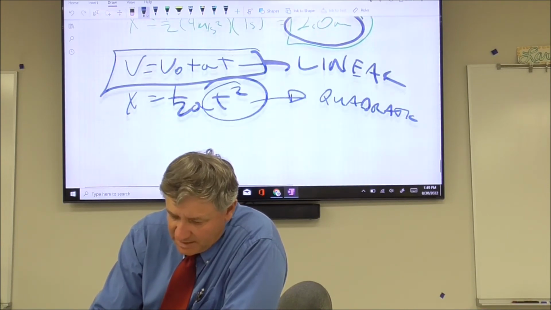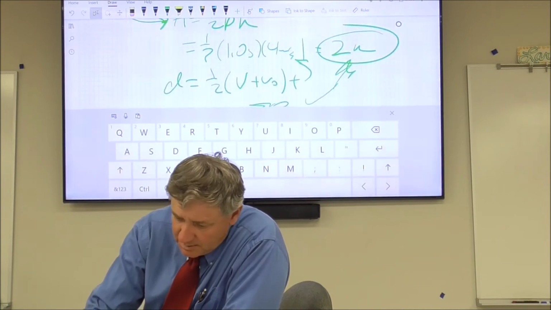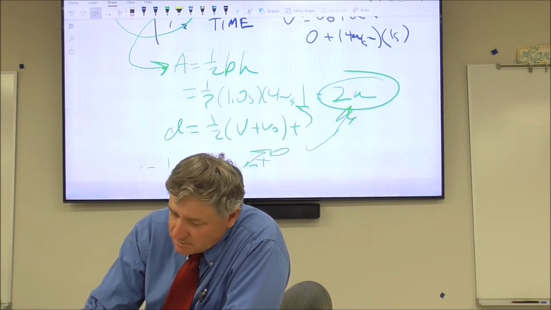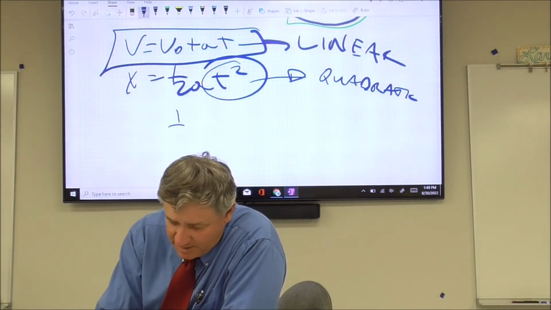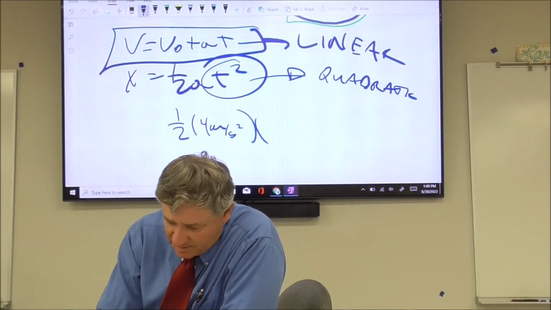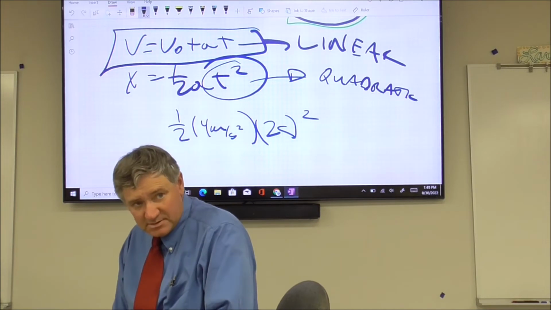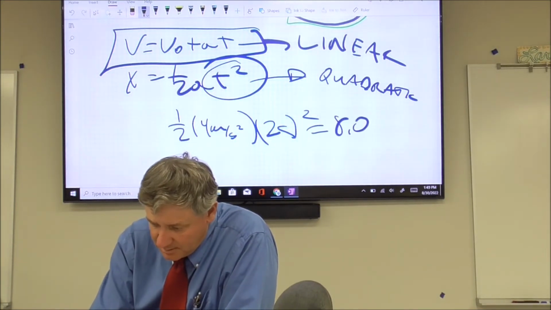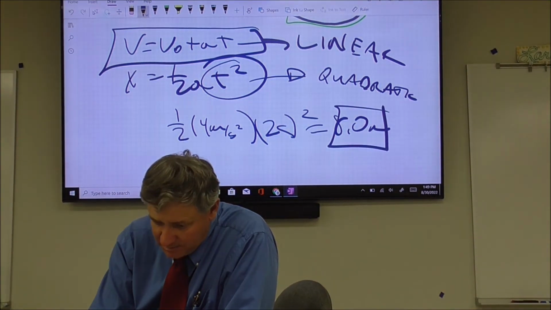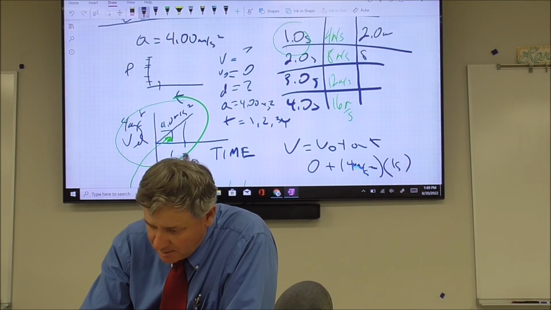Now at the end of 2 seconds, I'm going to have 1/2 times 4 meters per second squared times 2 seconds squared. So that gets me 4 times 4 is 16. Half of that gets me 8 meters. Okay? So now I come up here, I'm at 8 meters.